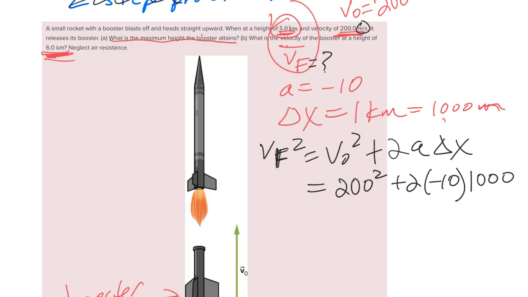So 200 squared minus 20,000 is equal to 20,000.